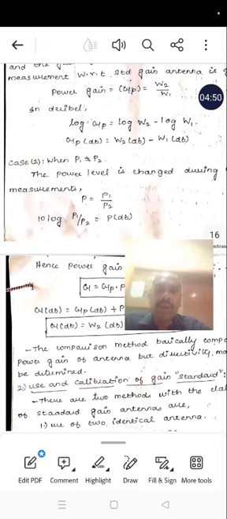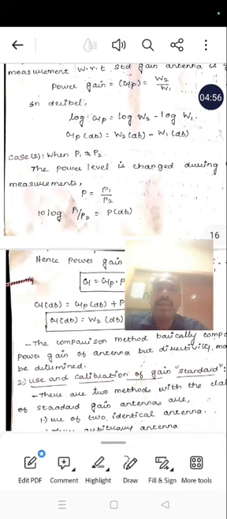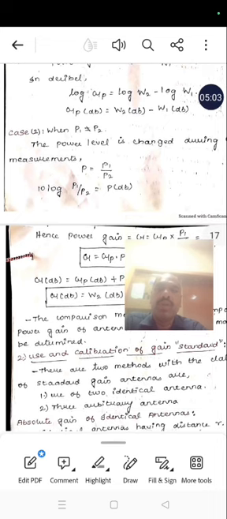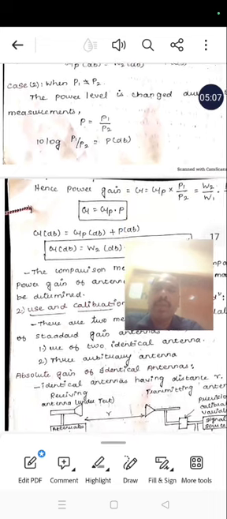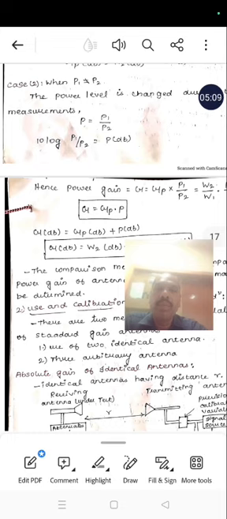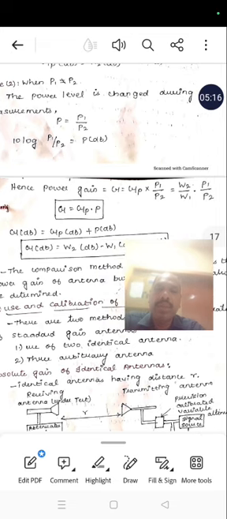Log of gamma B is equal to log omega 2 minus log omega 1 when P1 is not equal to P2, the power level is changed during the measurements. Suppose P1 is equal to P2, then 10 log P1 divided by P2. Then power gain gamma B is equal to P1 divided by P2 times omega 2 divided by omega 1, which is gamma B into P1 divided by P2.